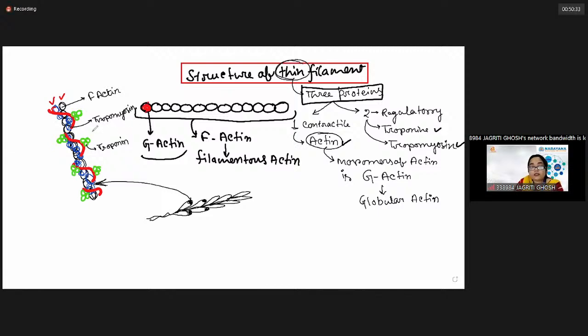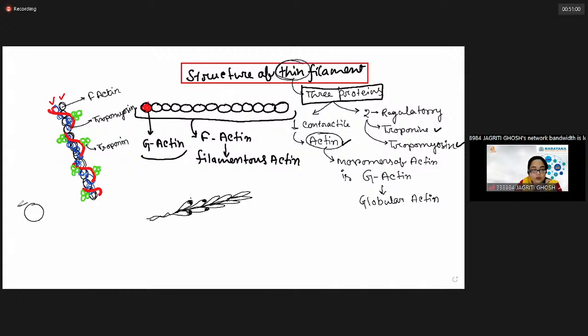So tropomyosin is present there to cover the actin filament. What is the function of tropomyosin? Suppose this is an actin filament.